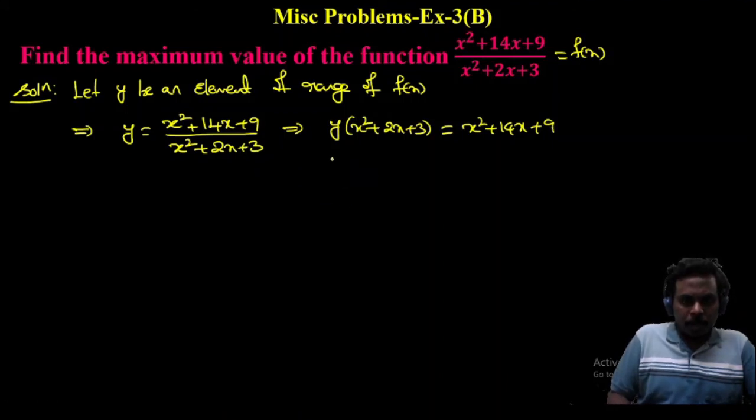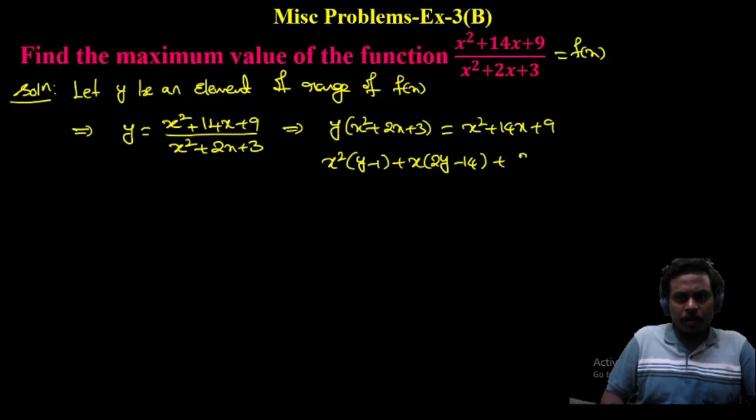So here, x square into (y minus 1), x into (2y minus 14), plus 3y minus 9 is equal to 0.